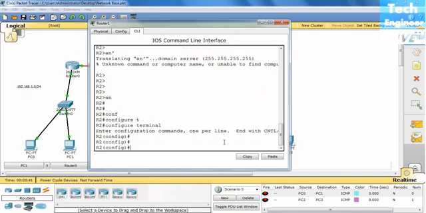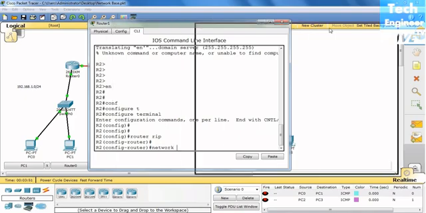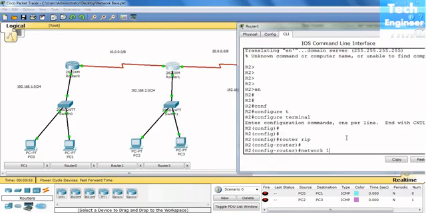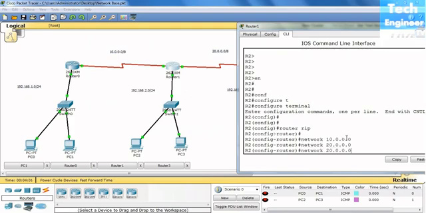So okay, configure terminal. Router space rip, and the networks I have to enter are 10.0, 20.0, and 192.168.2.0.